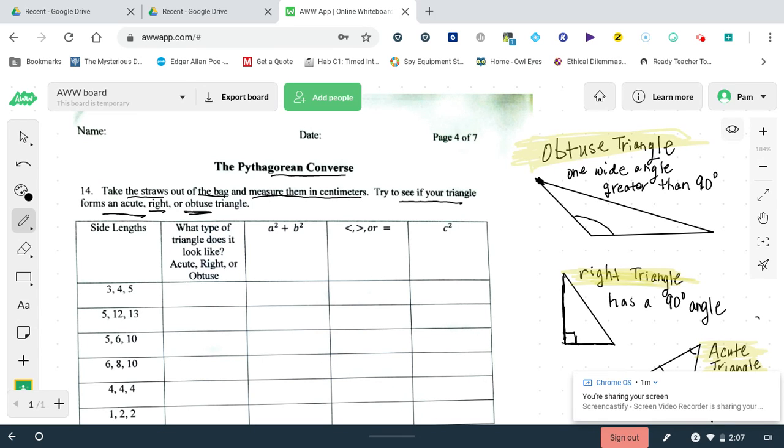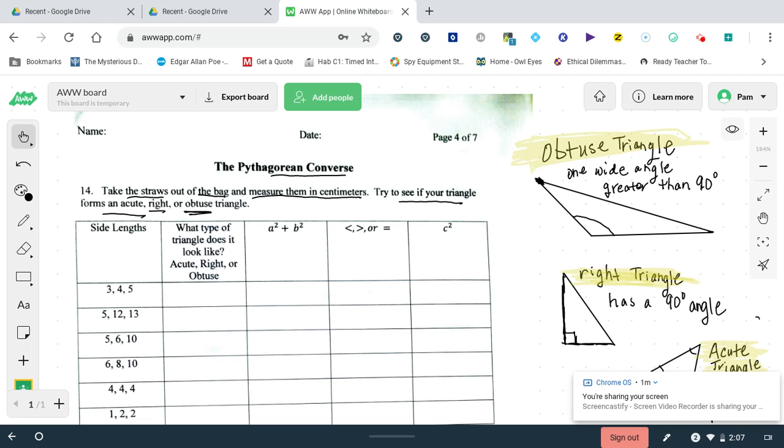An obtuse triangle is a triangle that has one wide angle, an angle greater than 90 degrees. And here you can see it right there. A right triangle, you all know, has a 90-degree angle, and there's that right angle.